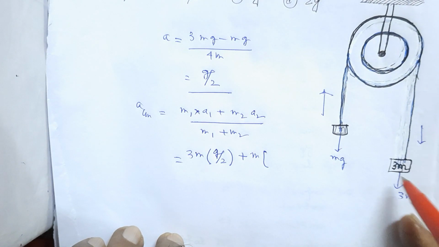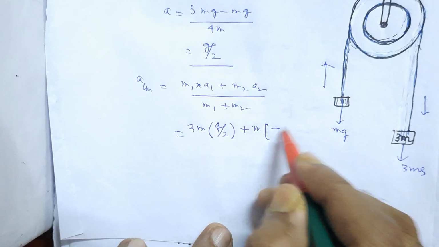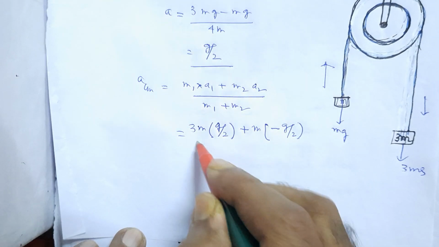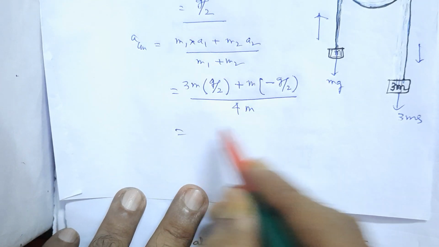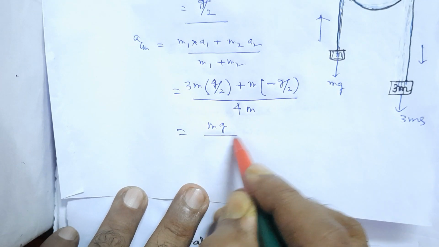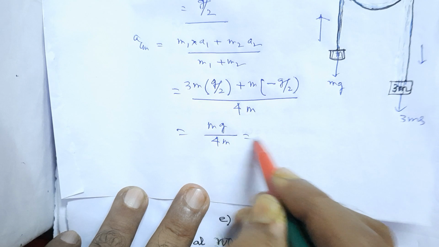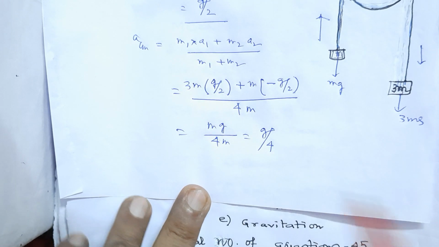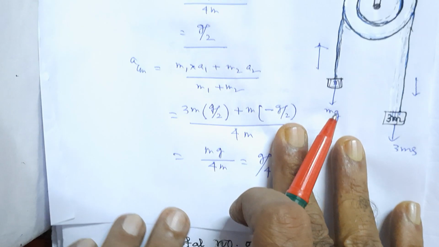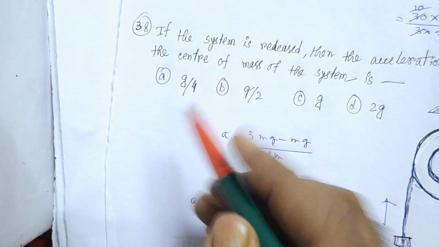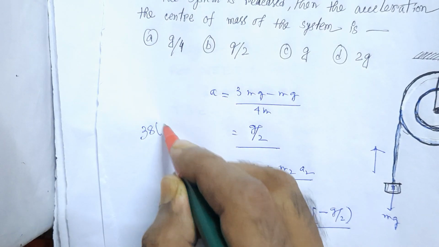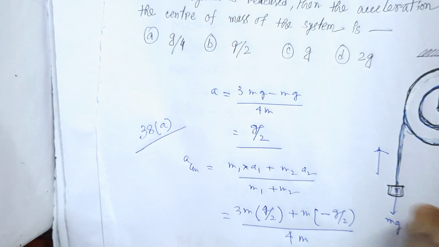Downward acceleration is taken as positive, so a2 is minus g by 2. Then m1 plus m2 is also 4m. So 3mg by 2 minus mg by 2, that is mg by 4m, that is g by 4. So the acceleration is g by 4. Correct choice is A. So the correct choice to question number 38 is A.